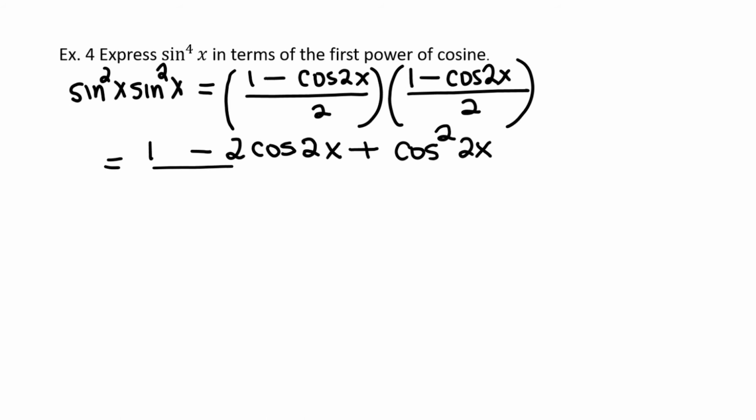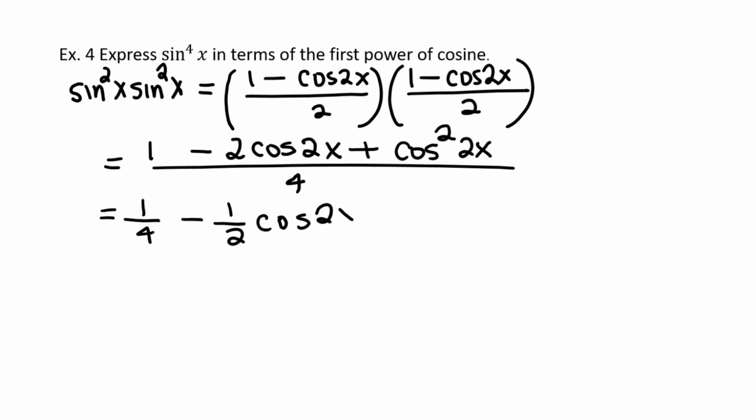And all of this will be divided by 2 times 2, which is 4. Let's separate the terms. Then we would have 1/4 minus 2 over 4, which we can replace with 1/2 cosine 2x, plus, then we'll still have 1/4 cosine squared 2x.